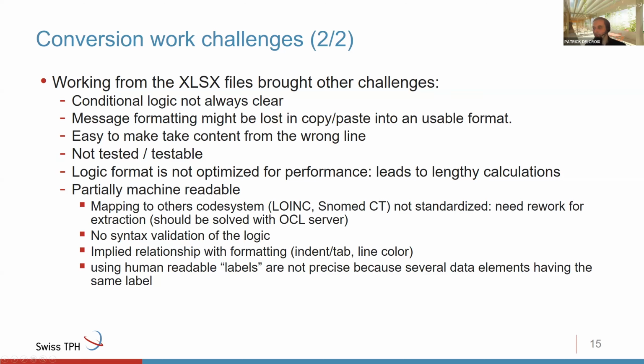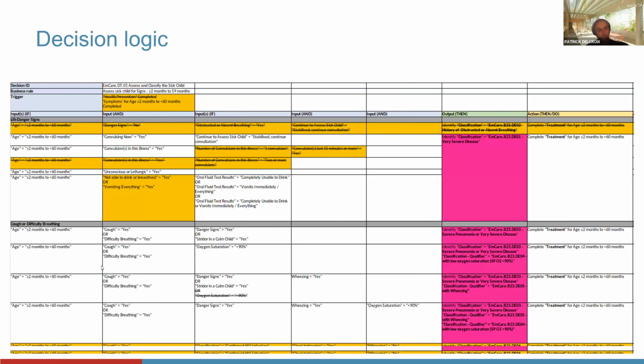And the worst, the last challenge for those files, is the worst. In order to be human readable, when they create logic, as you can see here, they use things like danger sign equal yes. You can say it's fine for humans and it looks machine readable. The reality is different, not for danger sign, but for example for diarrhea. In the data dictionary, you have several elements that are called diarrhea. You have the signs, the symptoms, and the signs and symptoms, and maybe diagnostic too.